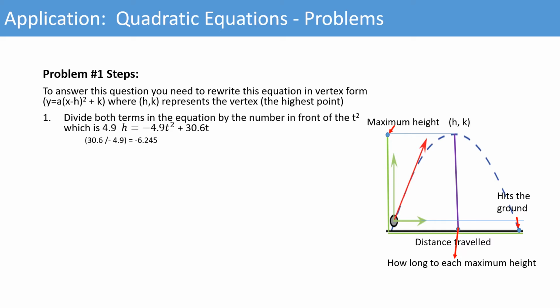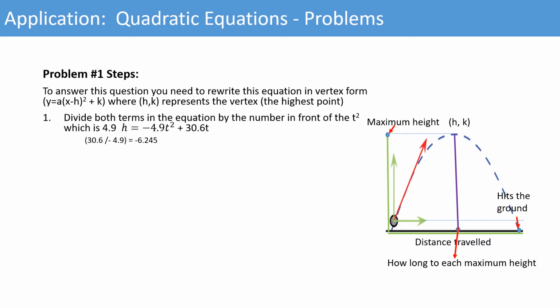Now, the math. Divide both terms in the equation by the number in front of the t squared, which is 4.9. h equals negative 4.9 t squared plus 30.6 t.